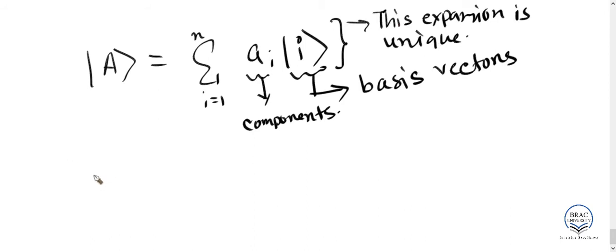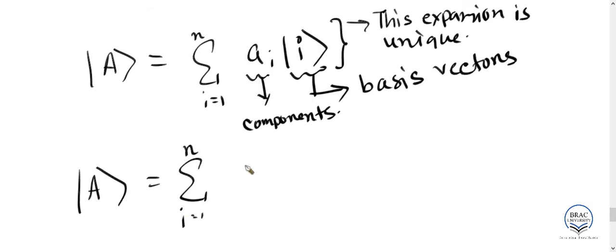The way to prove it is this: let's say I could write A in the following way, the sum from 1 to n, but instead of a_i, I now choose different components a_i prime, with the same basis vectors, because those are my linearly independent vectors.